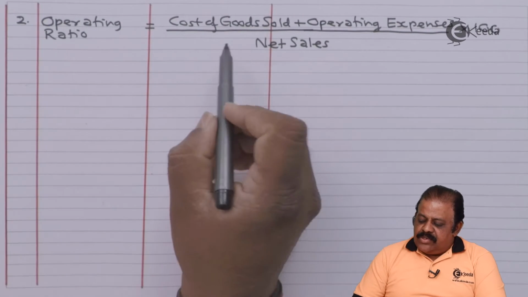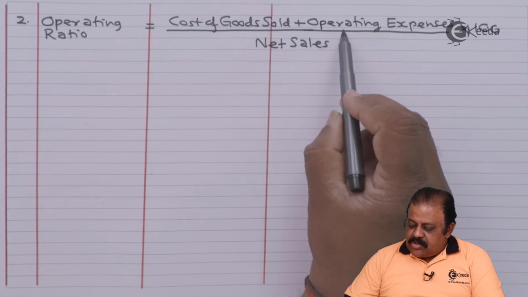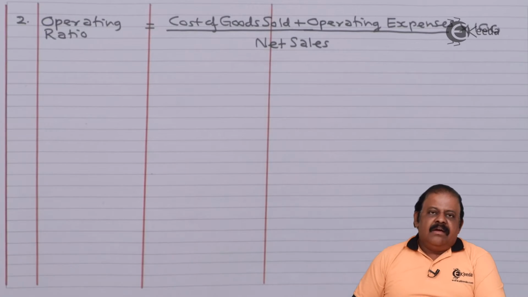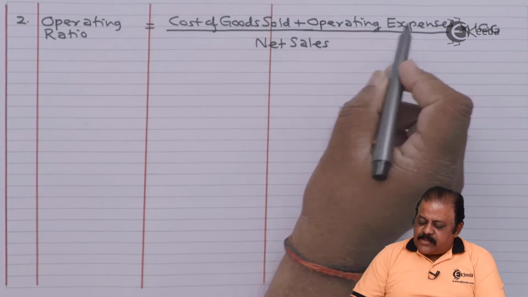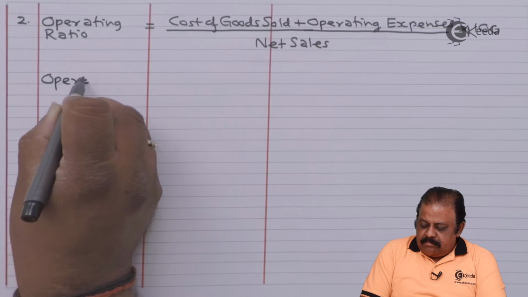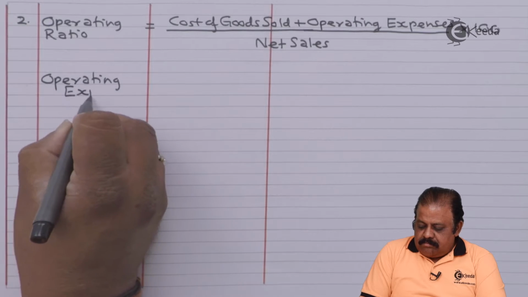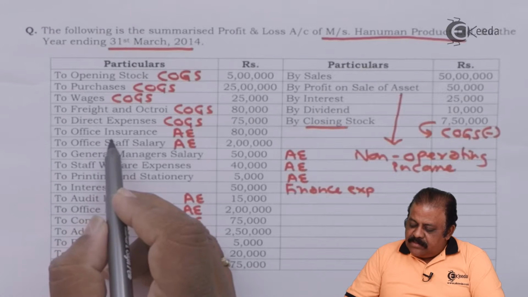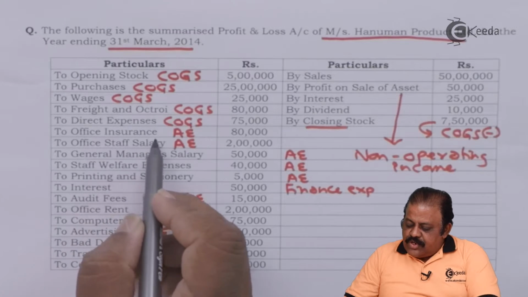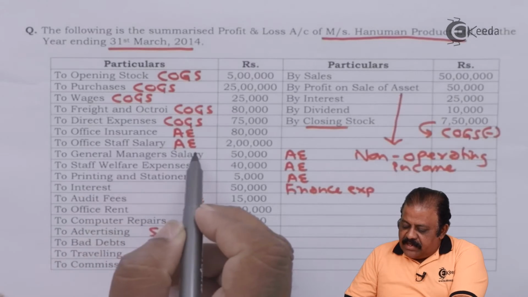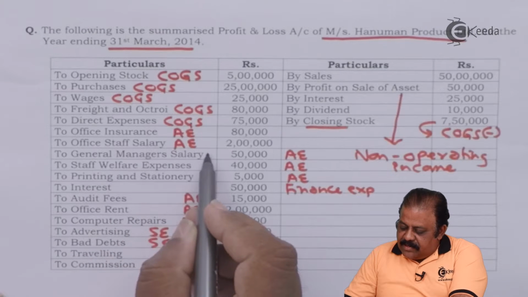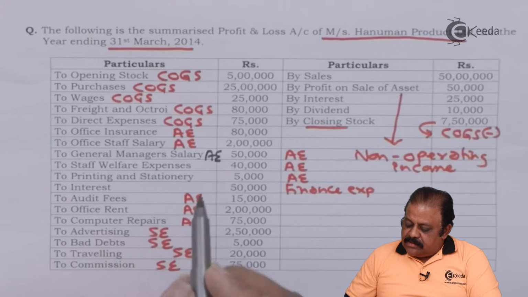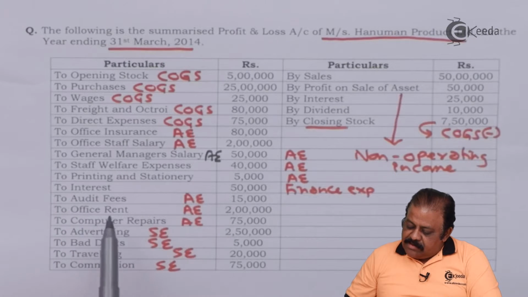Formula for operating ratio is cost of goods sold plus operating expenses divided by net sales multiplied by 100. Let us calculate operating expenses. In operating expenses, we have administration expenses: office insurance, office staff salary, general manager's salary, staff welfare expenses, printing and stationery.